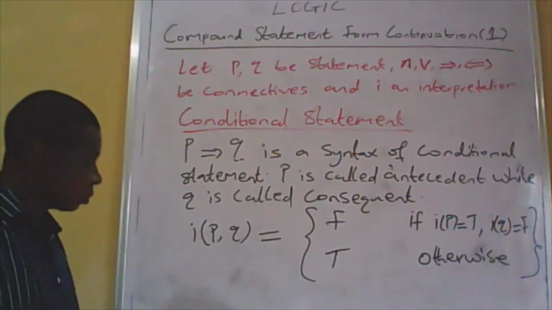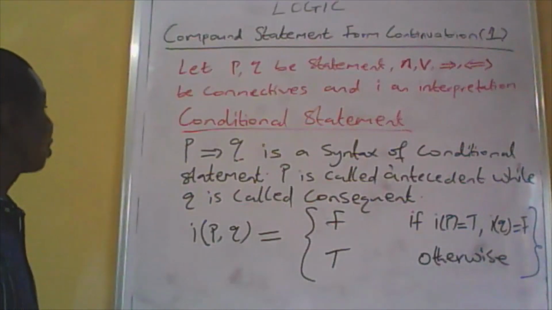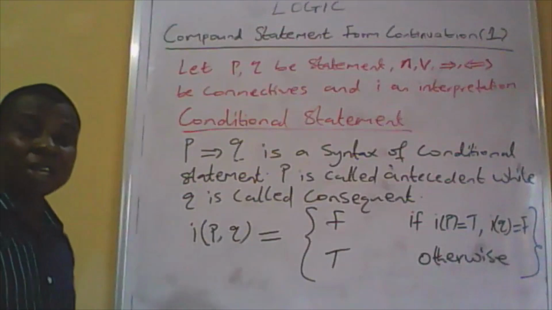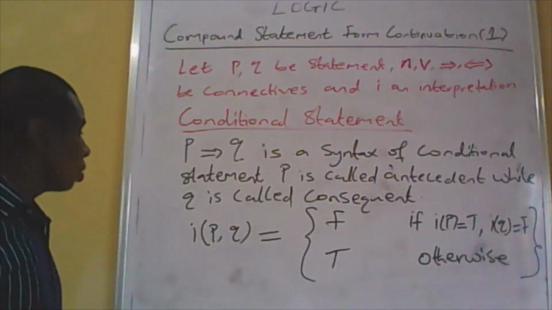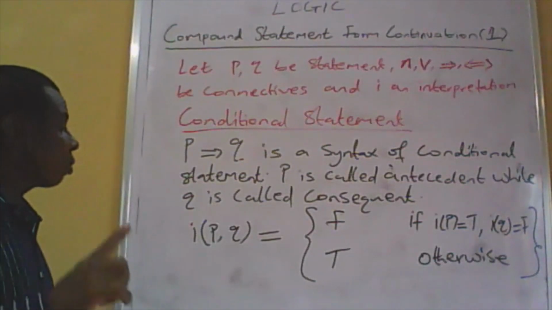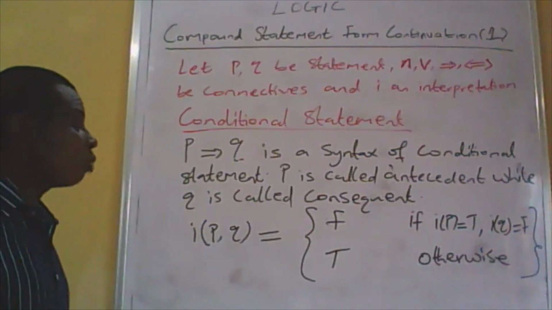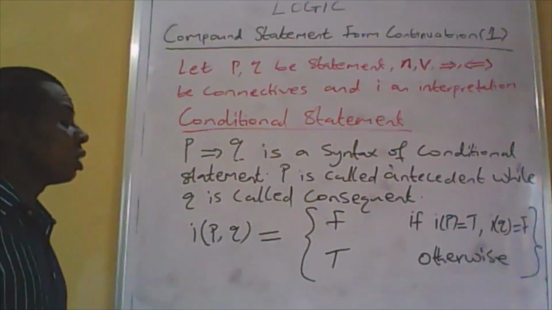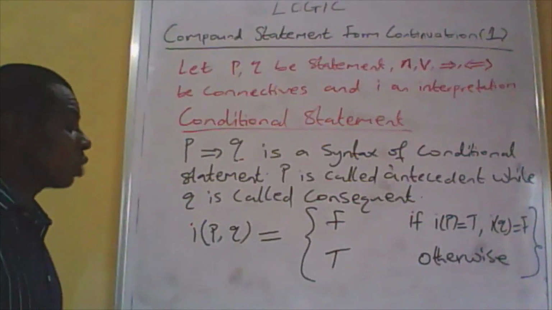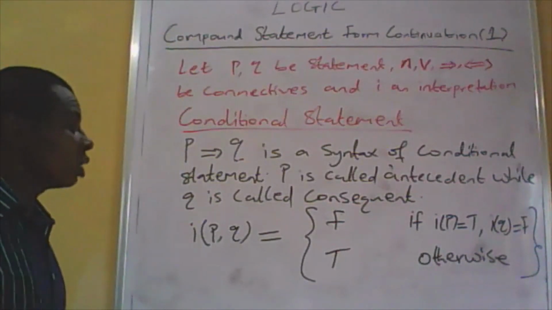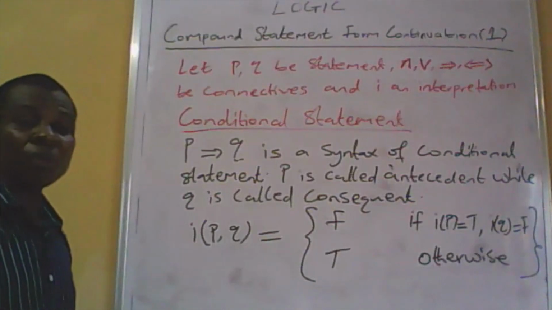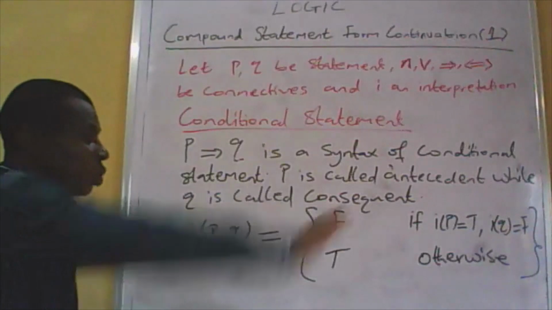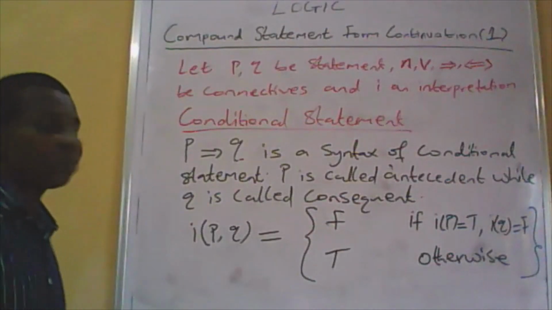That means in the semantics of conditional statement P implies Q, we have false if I assign P to T and I assign Q to F. That's when you're going to have false. But otherwise, anyhow you combine it, apart from this combination, it will give us T.